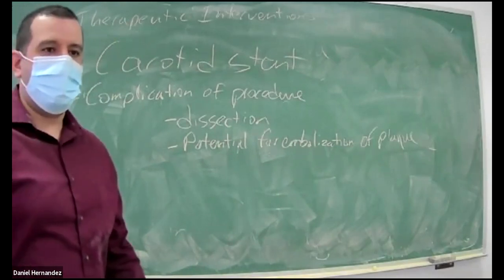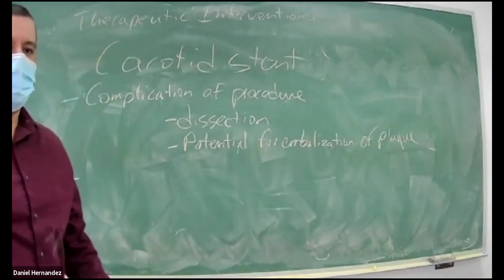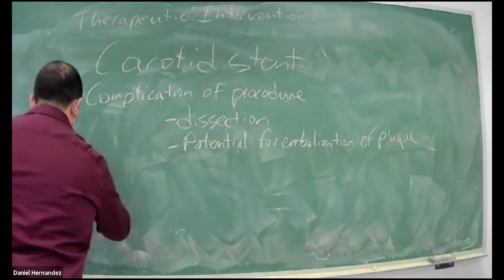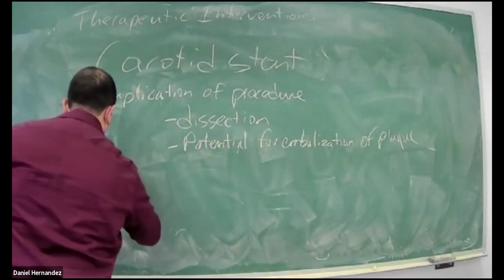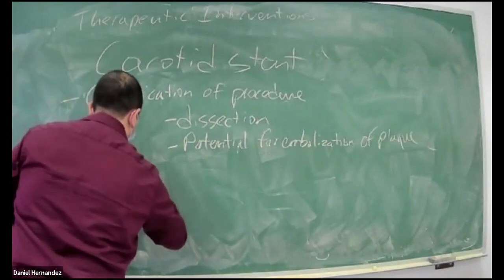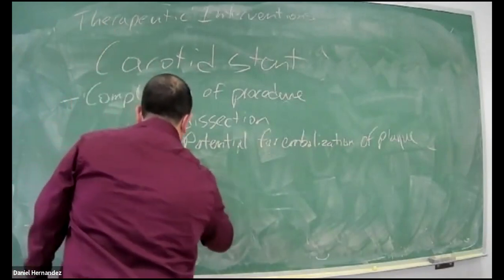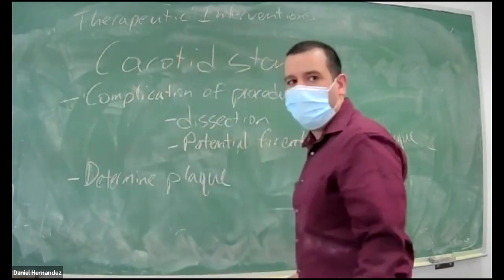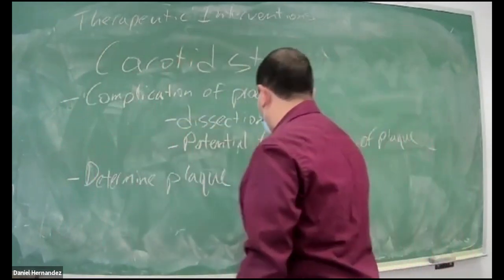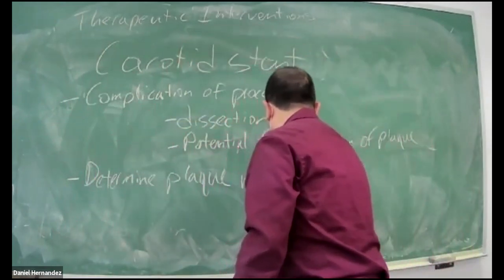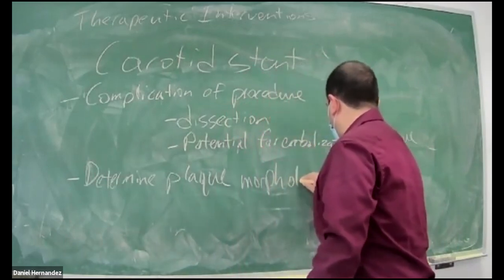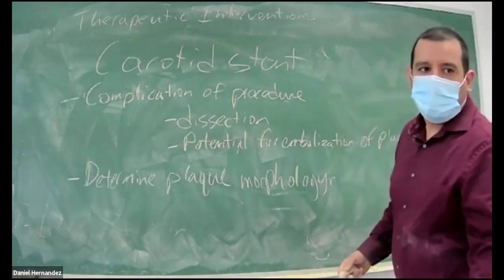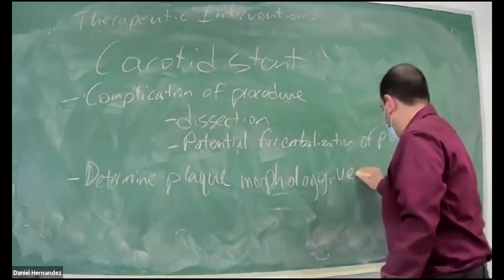So evaluation of patients for carotid stenting will include, so we determine plaque morphology. So what type of plaque is it? Is it calcified? Is it soft plaque? Heterogeneous? So plaque morphology. Vessel anatomy.